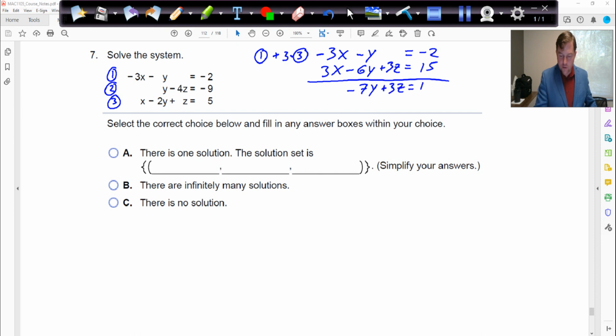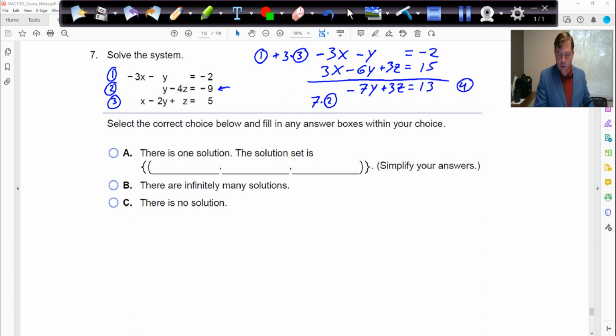equals 13. Okay. Now we're going to notice, okay, this equation, which we would call 4, has just y's and z's in it. But equation 2 has just y's and z's in it. So if I take 7 copies of equation 2 and add it to this, I will get y to go away. In fact, let's write that. Let's write 7 copies of equation 2 and write it right below this line we just wrote.